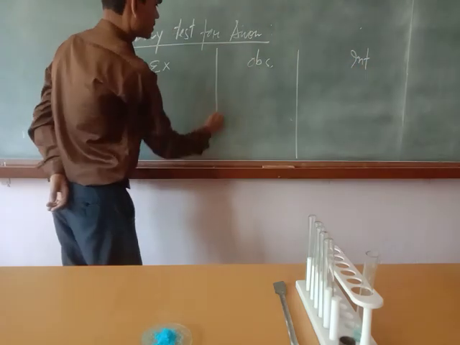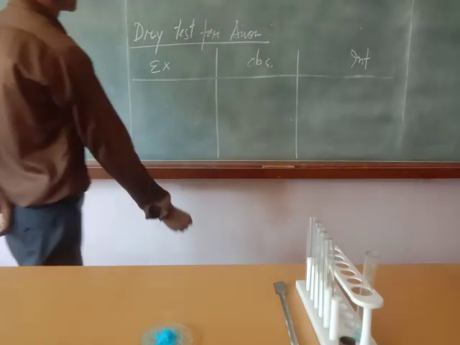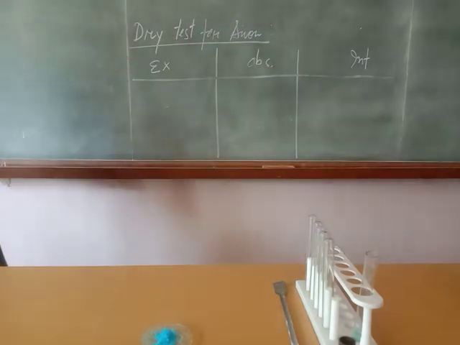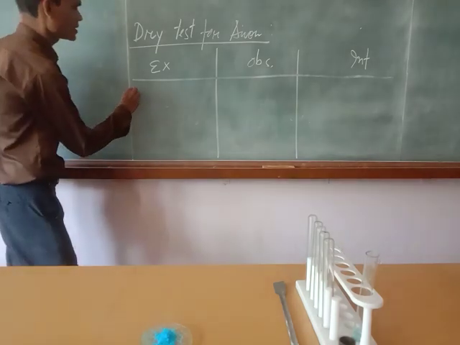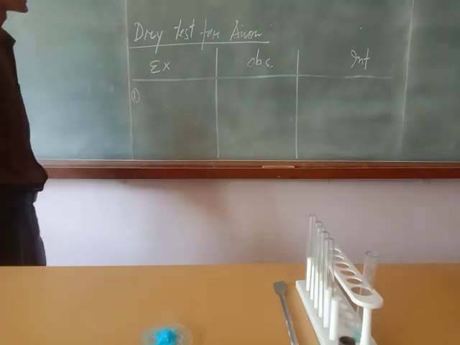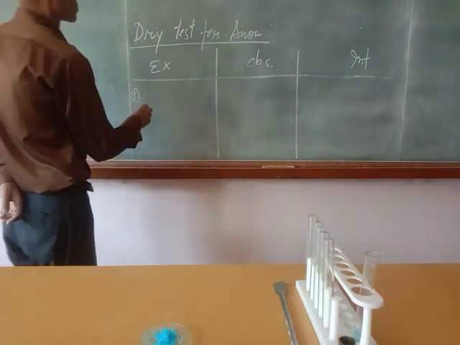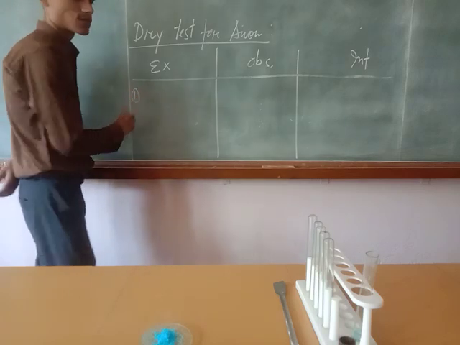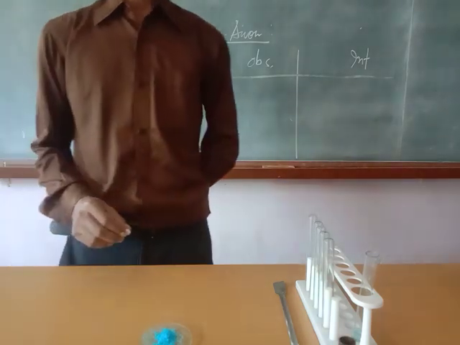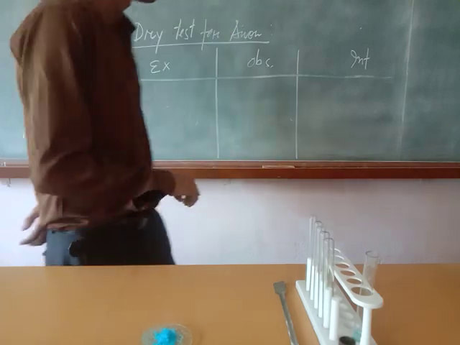So this is our table. In the dry test for anion, there are 2 experiments. One is dilute sulfuric acid test and the other is concentrated sulfuric acid test. So this is dry test. You have to take dry salt, no need to use salt solution.